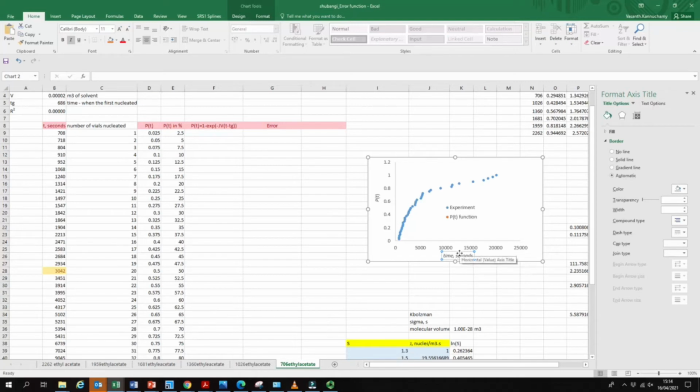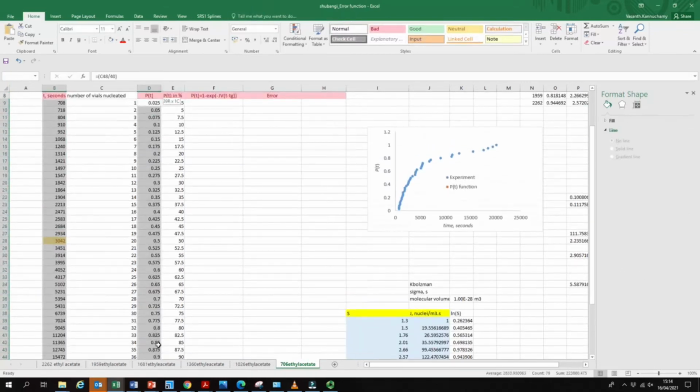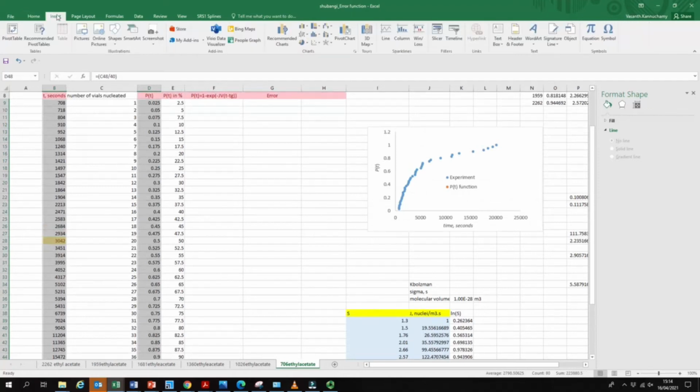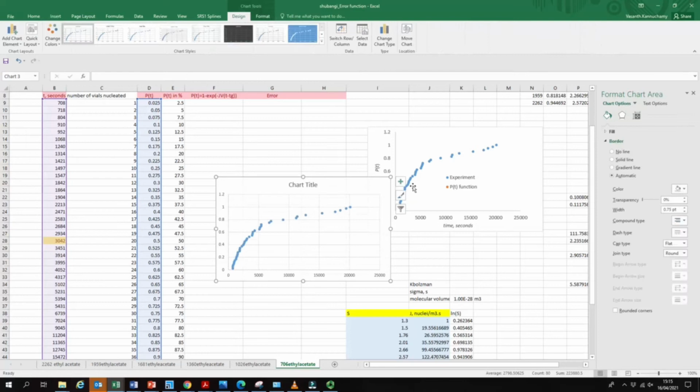So this is time in seconds, and this is your chance of nucleation, 0 to 1. I just plotted these two values, time versus probability of nucleation. So that's the graph which is shown here.